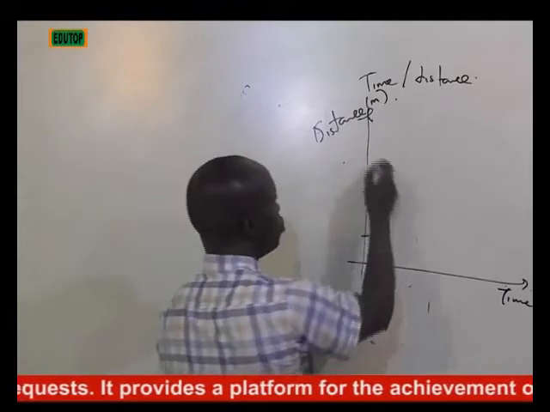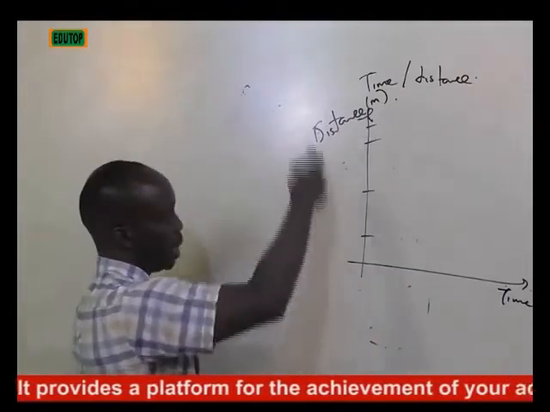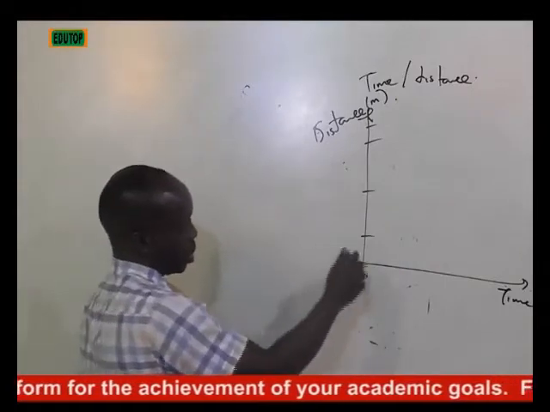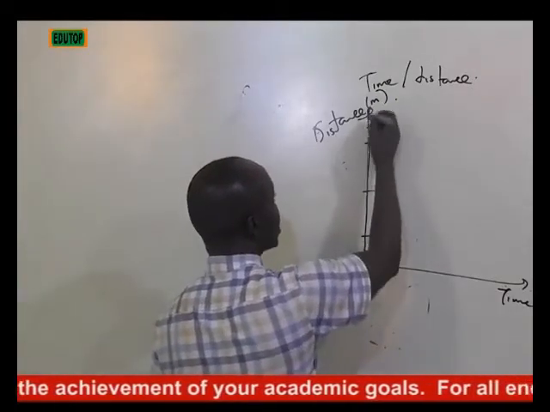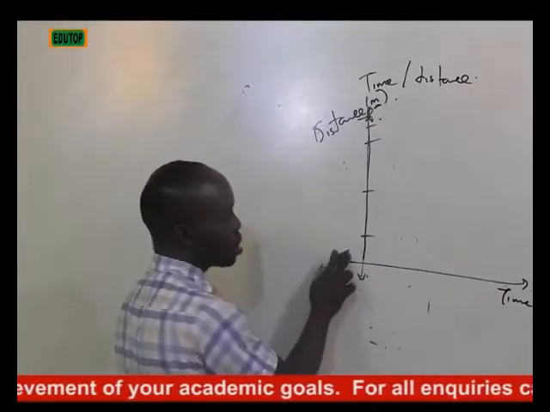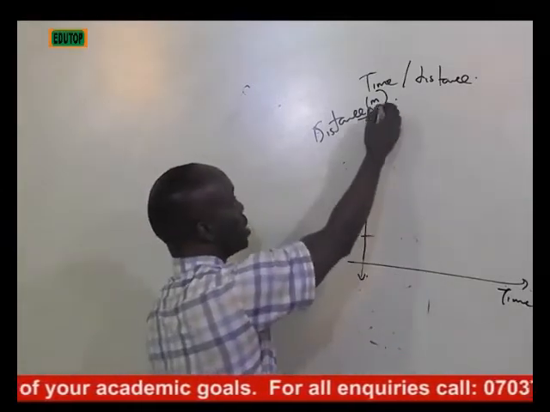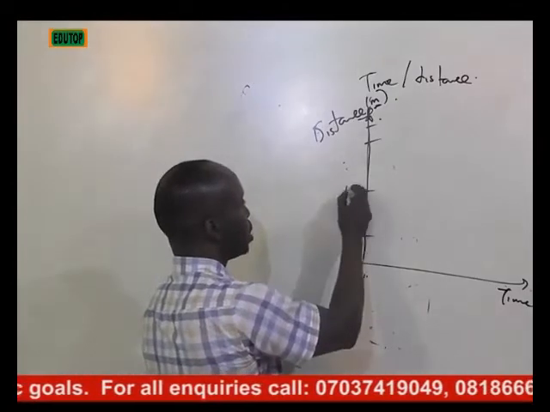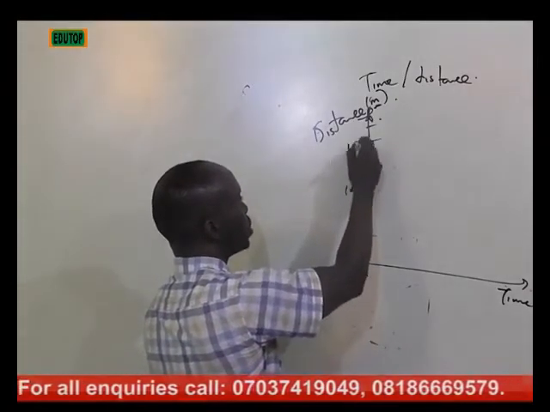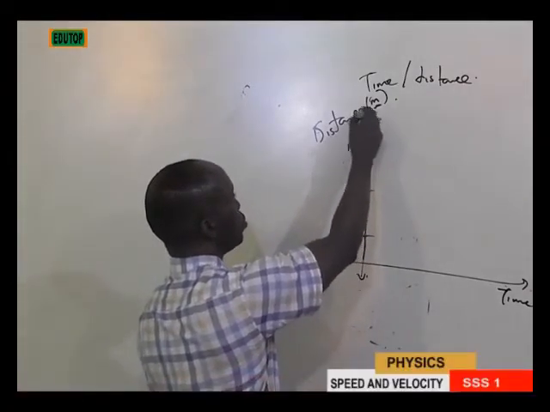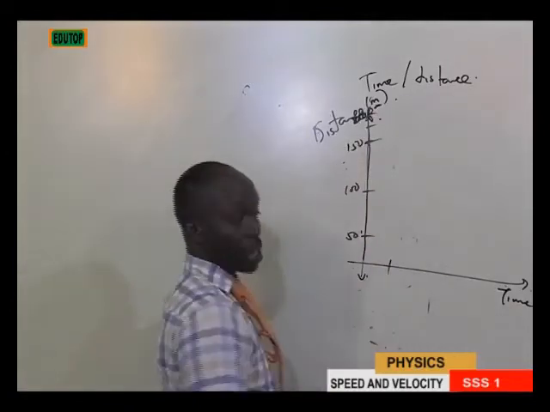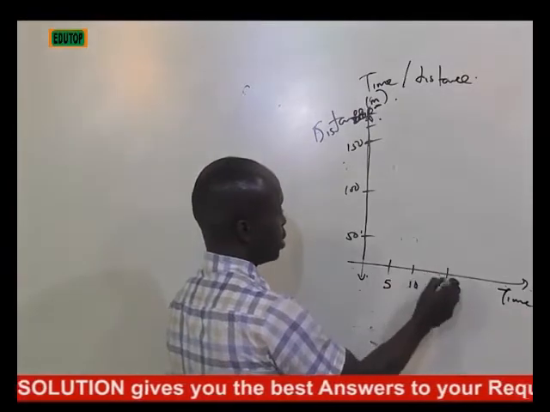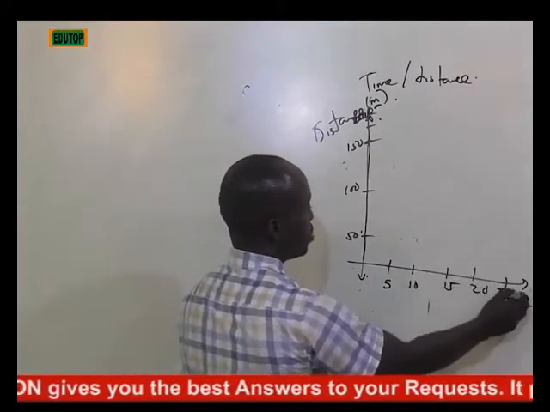Now you label the scale for the y-axis with respect to meters and not another thing. Because this is meters, you label it as it increases. Let's say this is 50, this is 100, this is 150, and definitely this is 200. You understand? Now, if your time is like this, you can label it 5, 10, 15, 20, 25.